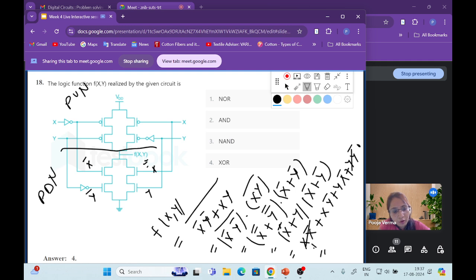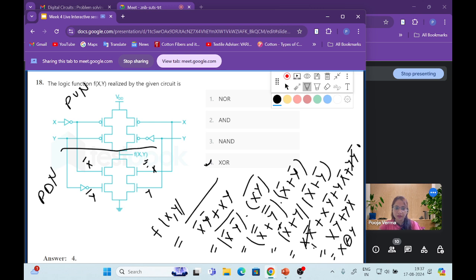Then what we will get? x y dash plus y x dash, and what is this? This is the XOR of x XOR y, right? Okay, so it is realizing the XOR gate. So option 4 is the correct option.